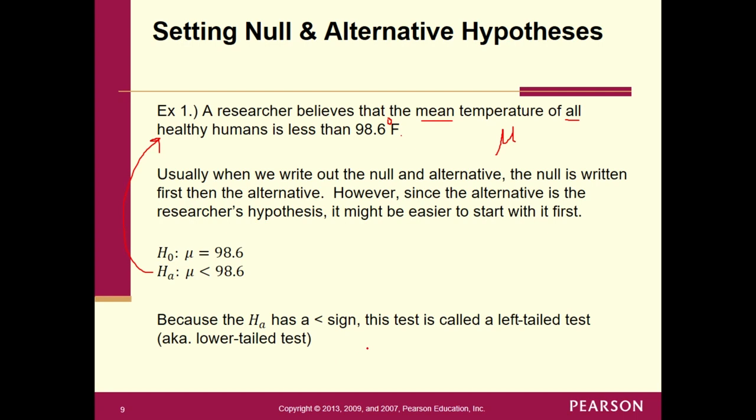Again, those are interchangeable. We'll use that bit of information when we talk about step number 4. But for right now, let's just note it and move on. Less than sign in the alternative, left-tailed or lower-tailed test.